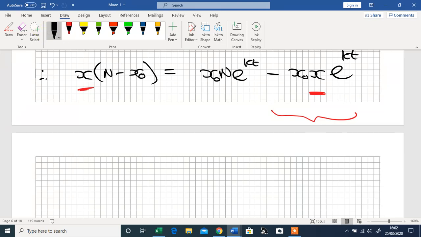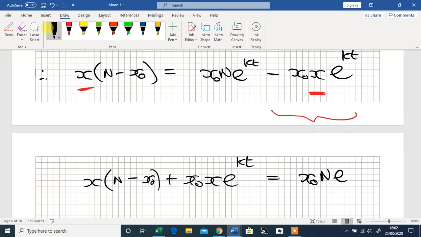So we've got x on the left hand side already times n minus x naught, close bracket, plus x naught x e to the kt equal to x naught n e to the kt, right?